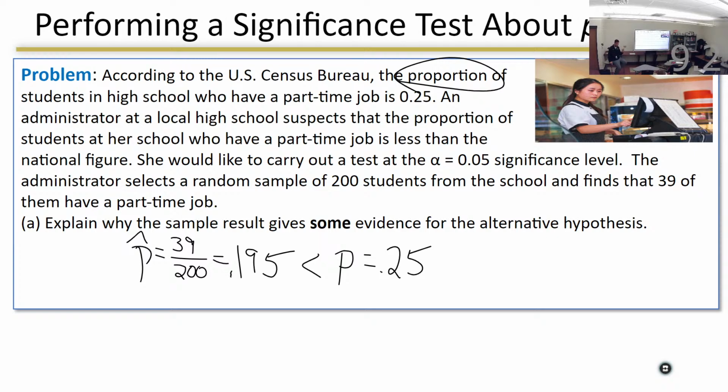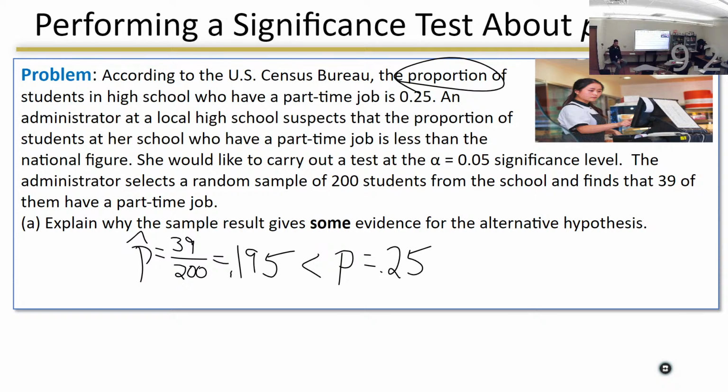My sample better be less than if I'm going to show it's less than. If your sample is nowhere close to what your Ha is, you can't prove it. If your sample is your Ho, you sure can't prove it. These are common sense things, I just wish you would use your head rather than just doing it.